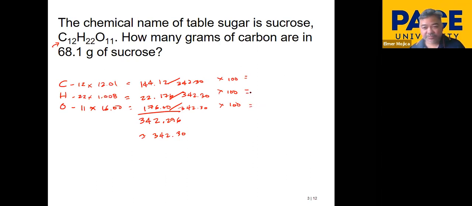The only one that is important for you here is just the carbon. Once you get the percentage of carbon, you don't need the hydrogen and oxygen percentages. You don't even need to do the percentage.